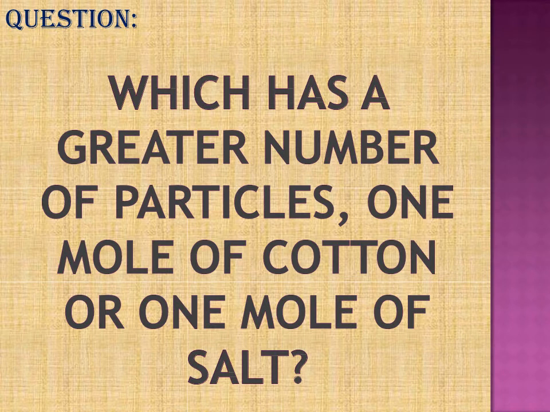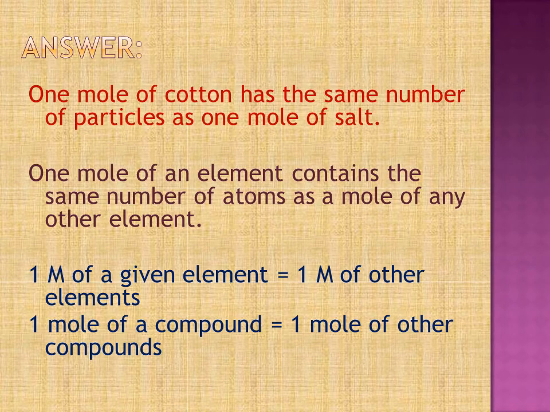We have a question here: which has a greater number of particles, 1 mole of cotton or 1 mole of salt? Is it the same, or do they differ? The answer is that 1 mole of cotton has the same number of particles as 1 mole of salt.